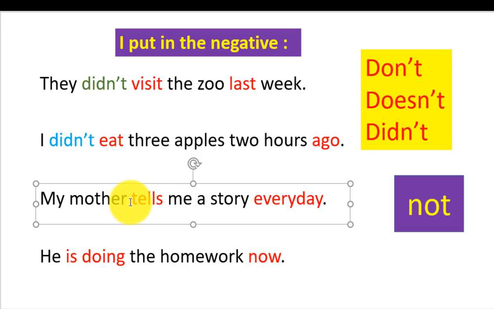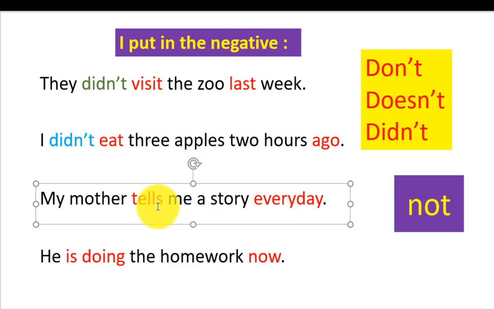Very good. So, I ask you to put it in the negative form. Good. In which tense is tells? It's in the present simple. We go to don't, doesn't, didn't. Can I use didn't? No, teacher. Why? Because didn't is in the past. And here we have what?